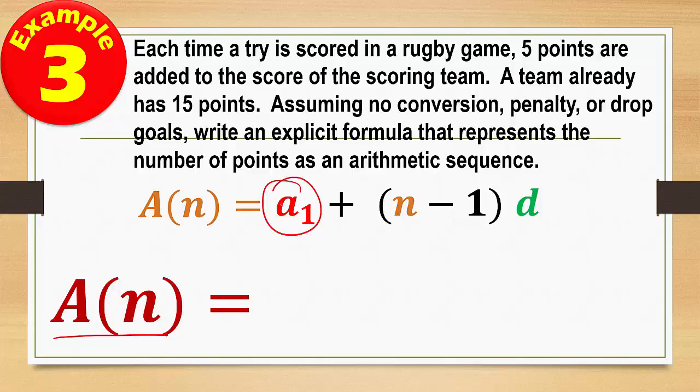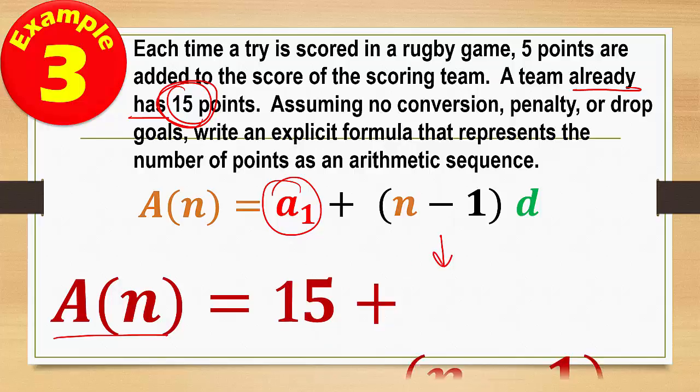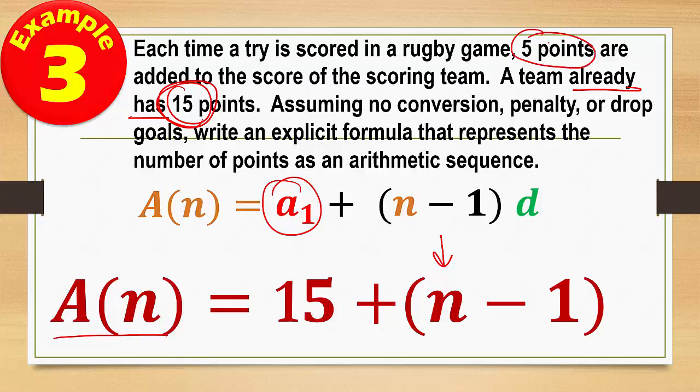Our first term, we're told that the team already has 15 points. So that's what we're starting with. That number is going to go right there. Then this is just going to go straight down. And then d, the common difference, is the 5 points that are added to the score of the scoring team. And that's it.